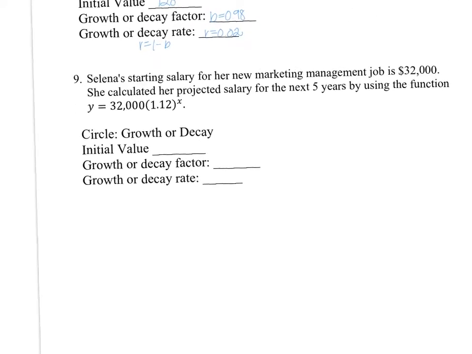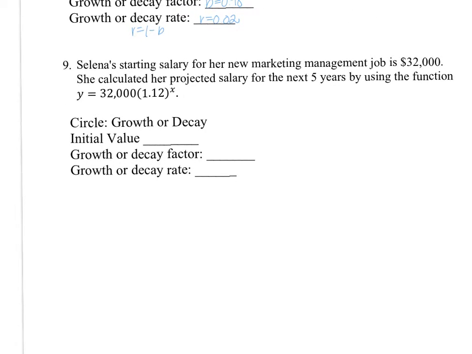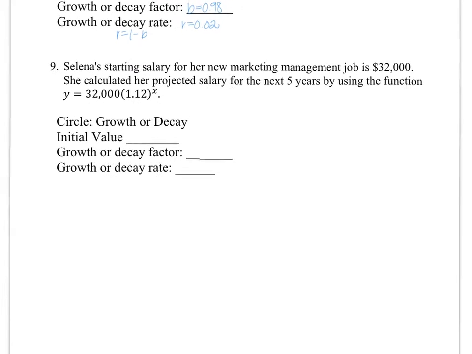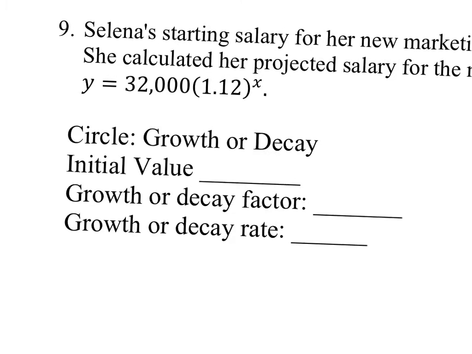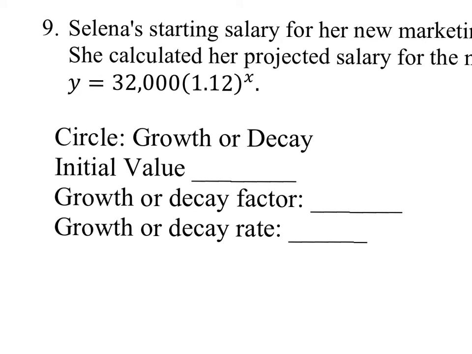Let's look at, lastly, number 9. Selena's starting salary for her new marketing management job is $32,000. Not bad. She calculated her projected salary for the next 5 years by using the function y equals 32,000 times 1.12 to the x power. Is Selena growing in her job, or is she decaying? Well, 1.12 is indeed greater than 1.